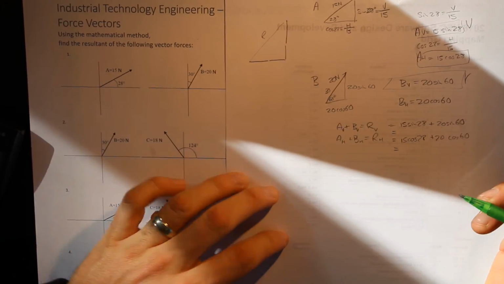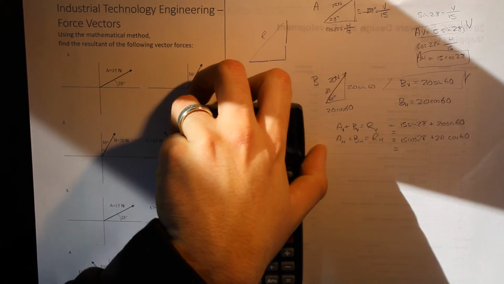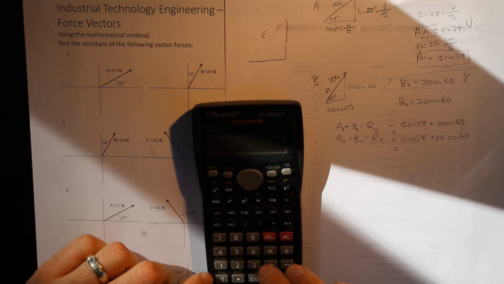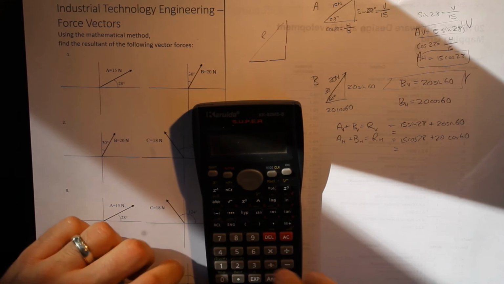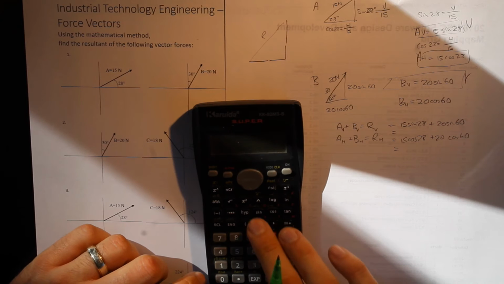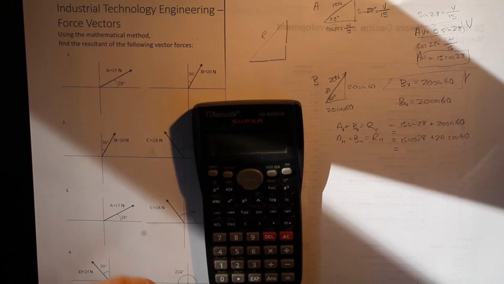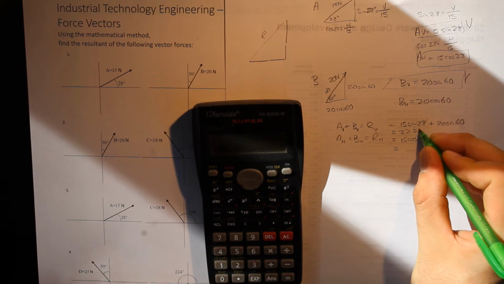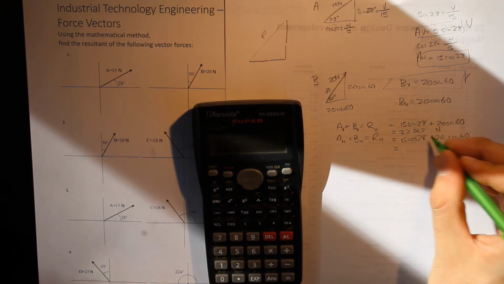Now I'll need to evaluate what each of those are in my calculator. So I'll type in 15 sine 28 plus 20 sine 60, and that gives me 22.567, etc. newtons.